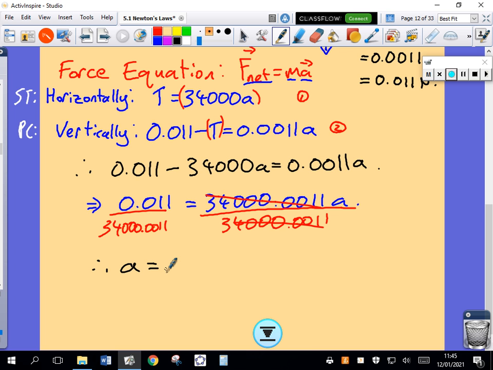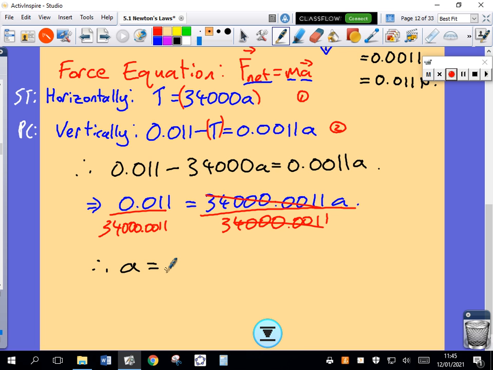So let me type this into a calculator: 0.011 divided by 34,000.0011. I'm not great with calculators.